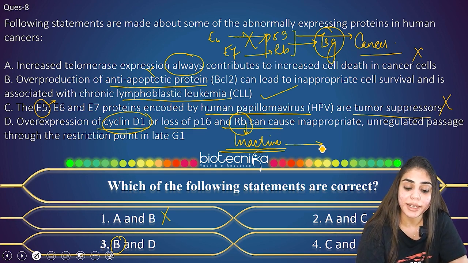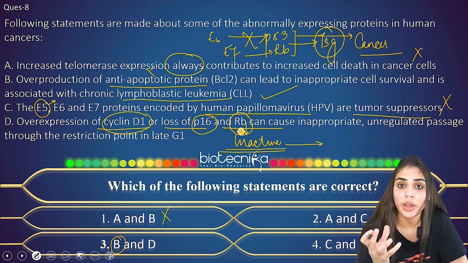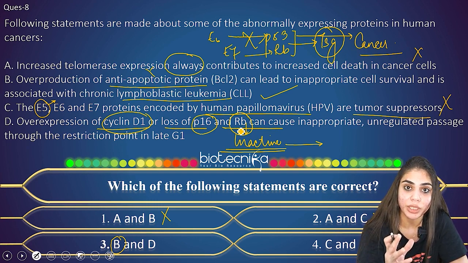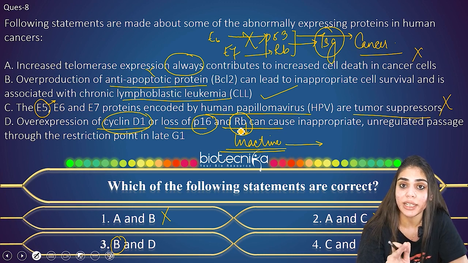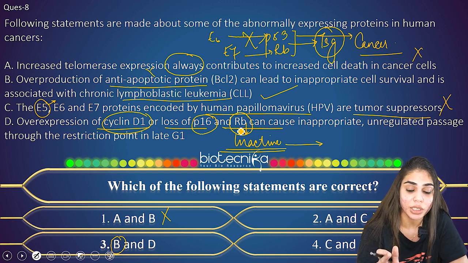And when this cyclin D is overexpressed, it is always inhibited by p16 protein. But if there is a loss of function of RB and p16, so if the p16 and RB genes are mutated, overexpression of cyclin D1 will be there, because there is no one to control this cyclin D1 protein. And we have seen that if cyclin D1 is overexpressed in the G1 phase, it is inhibited by p16.